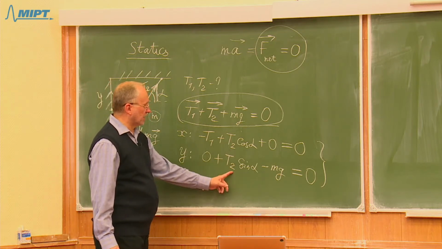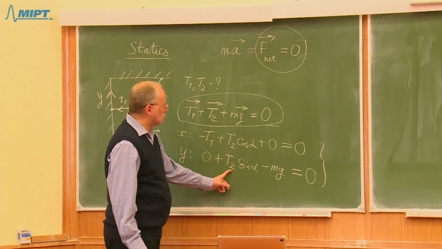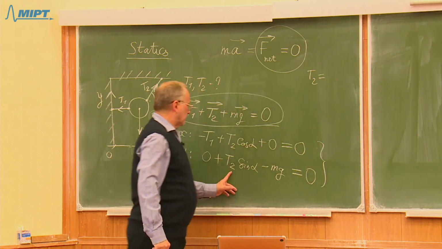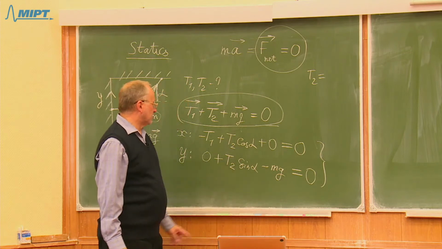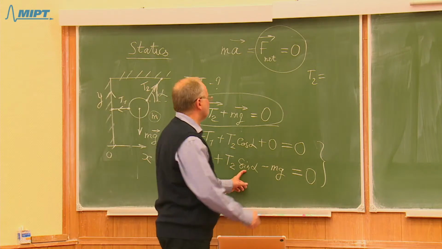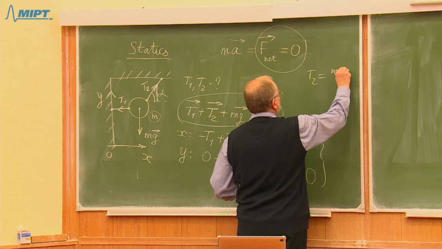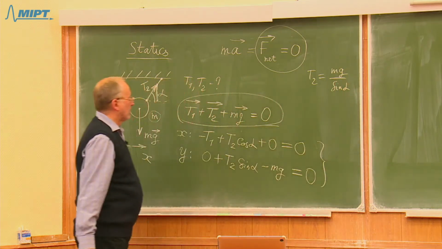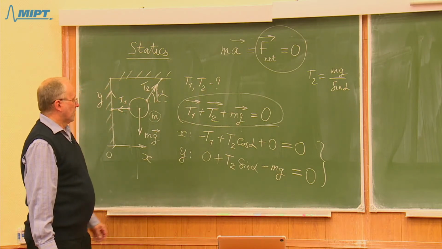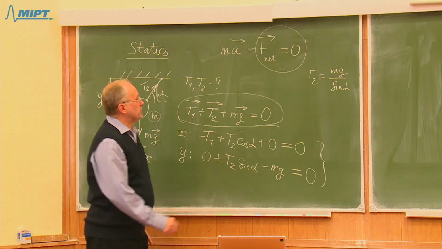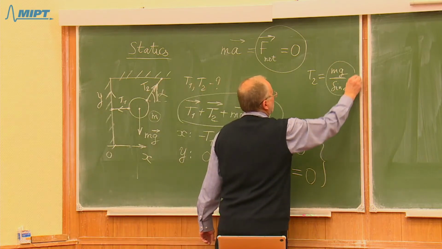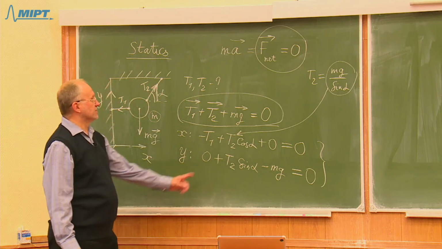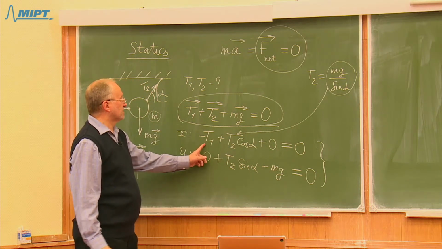From the second equation, we can immediately find the T2. Let's do it here. T2 will be equal to mg divided by sine alpha. And if I substitute this expression for the quantity T2 in this equation, then I will easily find T1.